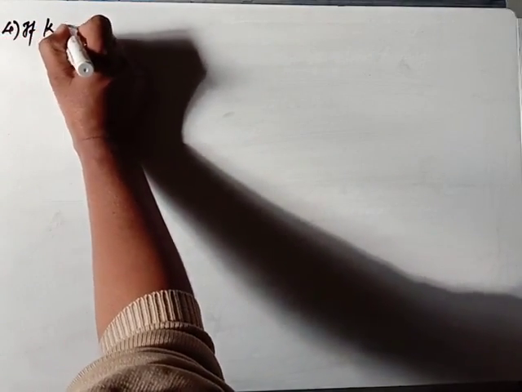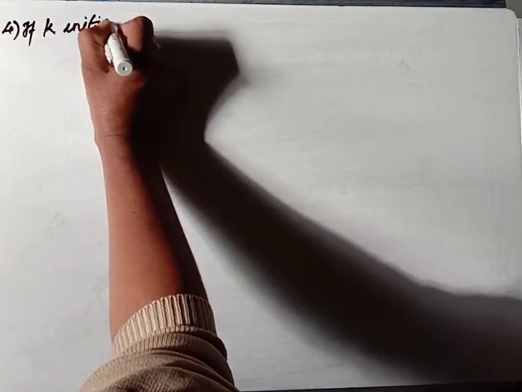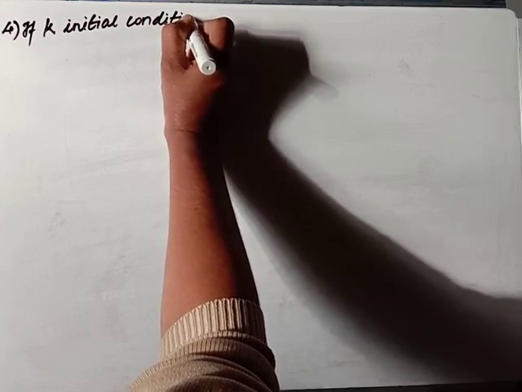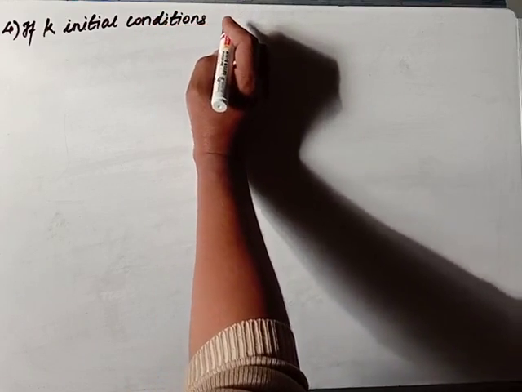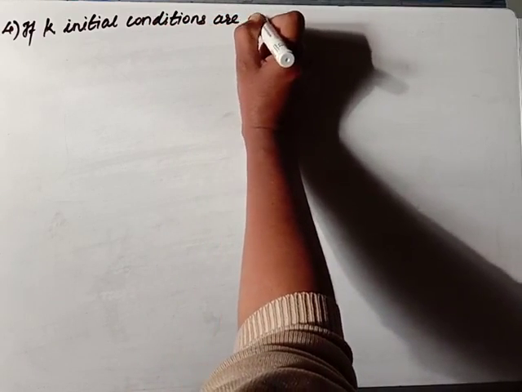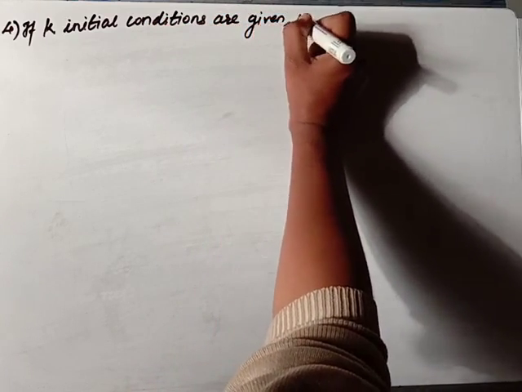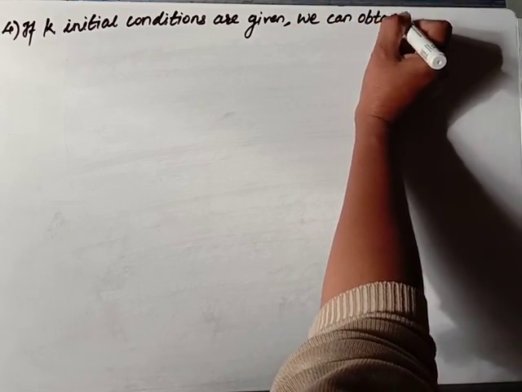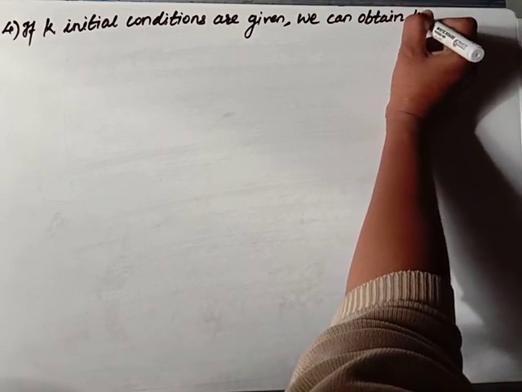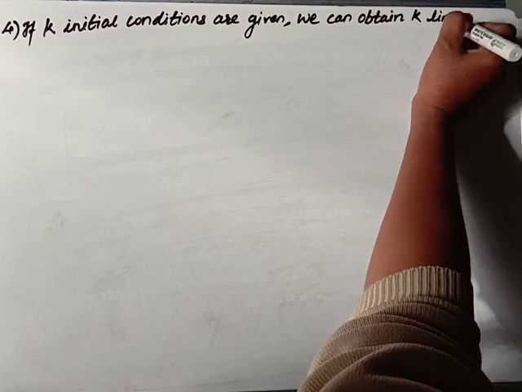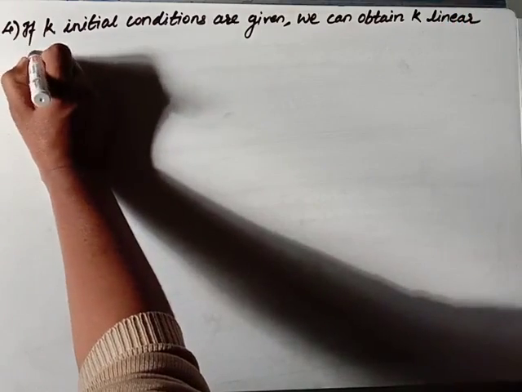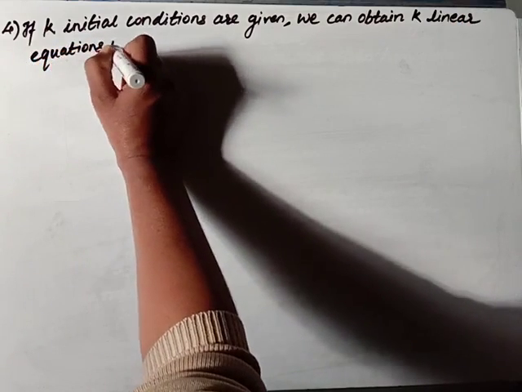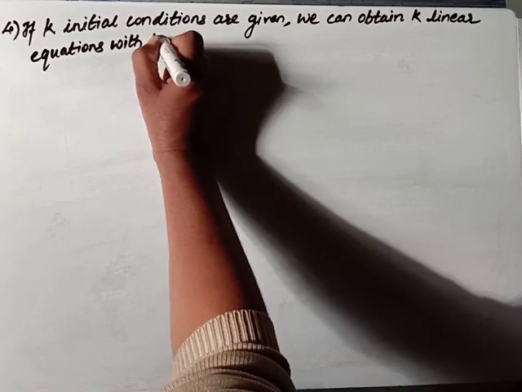If k initial conditions are given, we can obtain k linear equations with k unknowns.